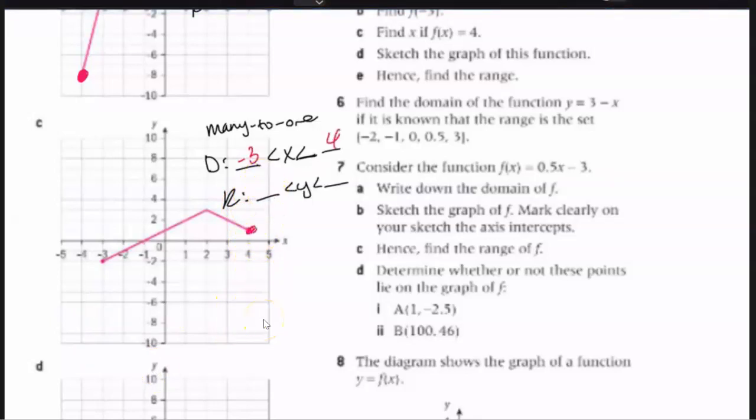And notice they specifically do have endpoints, so I am stopping. I'm not going to infinity. Now, since they both do have endpoints and they're filled in endpoints, they both should be less than or equal to. Now for my y, my lowest y value is -2 right here. And my highest y value is right here, and this looks to be 3.